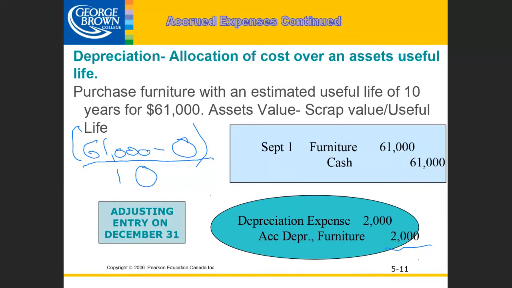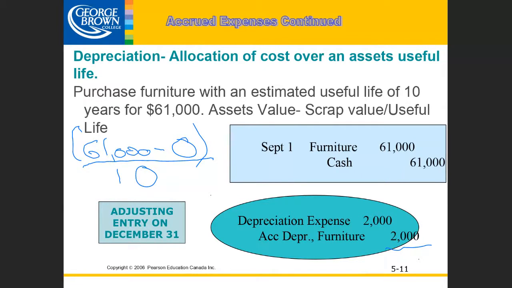The reason why we show depreciation, there are 2 reasons. One is to show that over the course of an asset's useful life, it is becoming less valuable, or it is losing value by the amount of the depreciation. But also depreciation is an expense, and as we show an expense, it reduces our operating income or our profit.